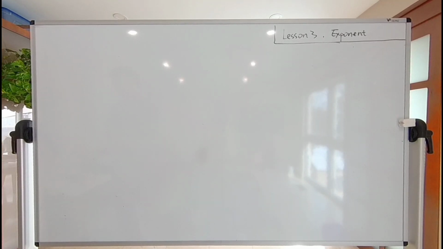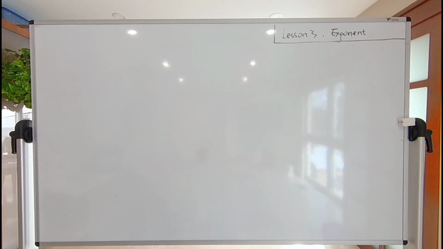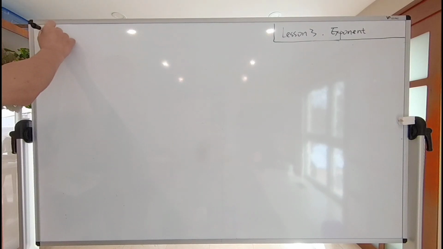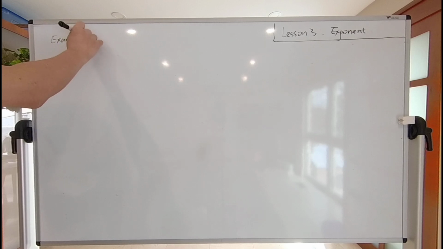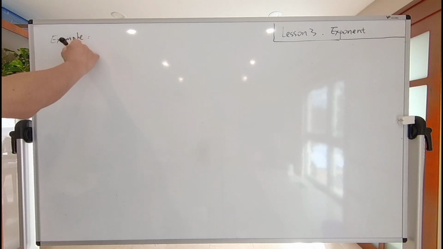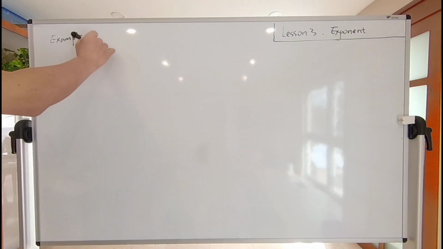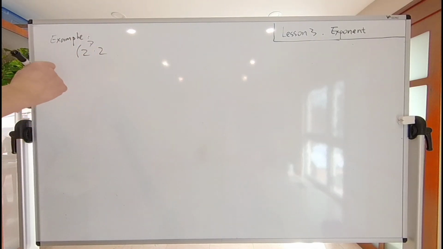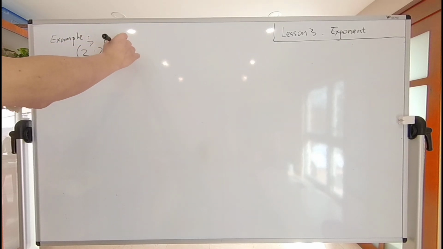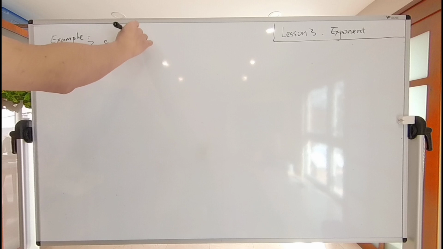Okay, so lastly, let's see some examples to practice what we have learned. First of all, let's try to simplify the following expressions. First one, for example, if I have 2 to the 7th power multiplied by 2 to the 8th power divided by 2 to the 3rd power.